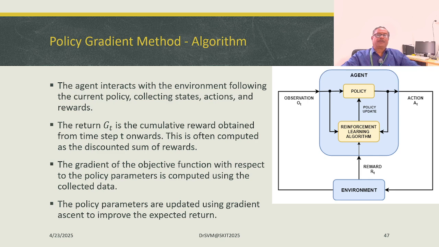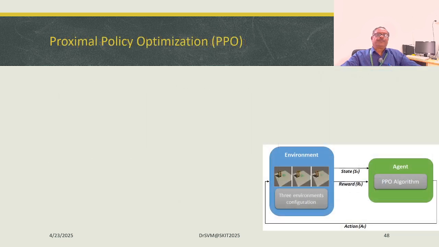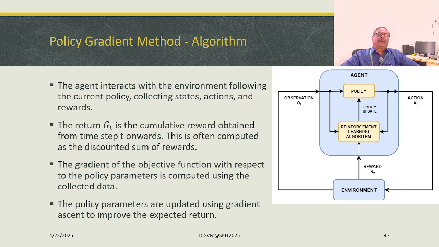That means our parameters are moved in smaller steps in that direction, iteratively, so we can change our policy parameters so that sometime later we reach the maximum. So that's the idea of the policy gradient method.